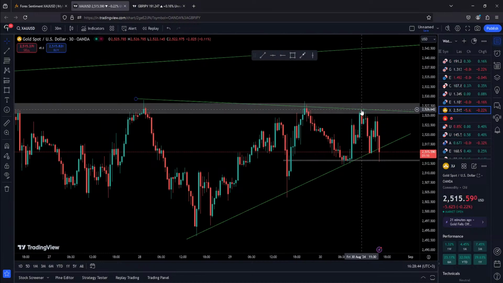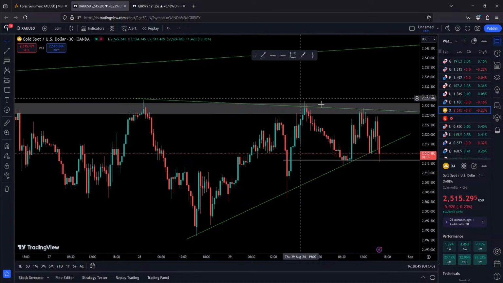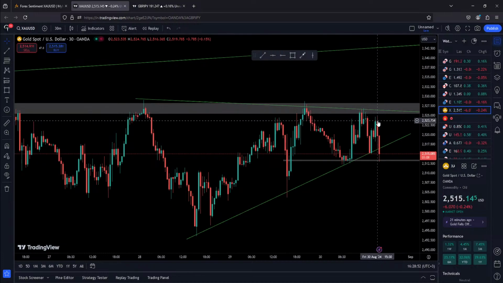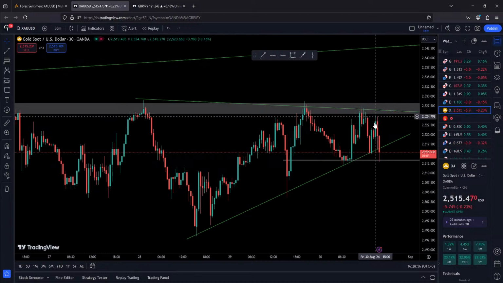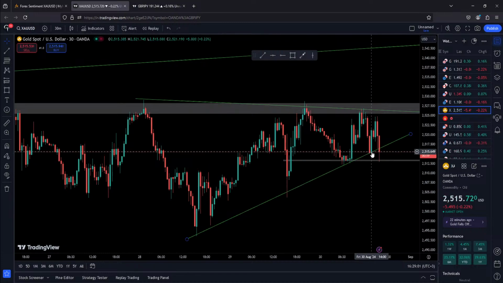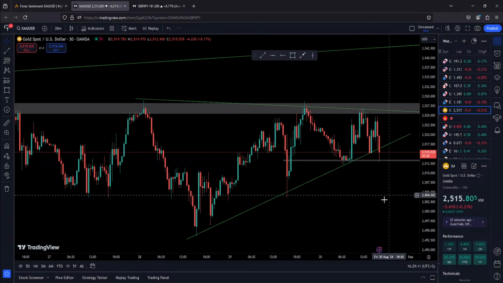Now it's moving down from there, and it again formed a resistance, never reached the higher area, and is now moving down from there. And in case the current 30-minute candle closes below this lower trend line, then the probability of moving down is really high.